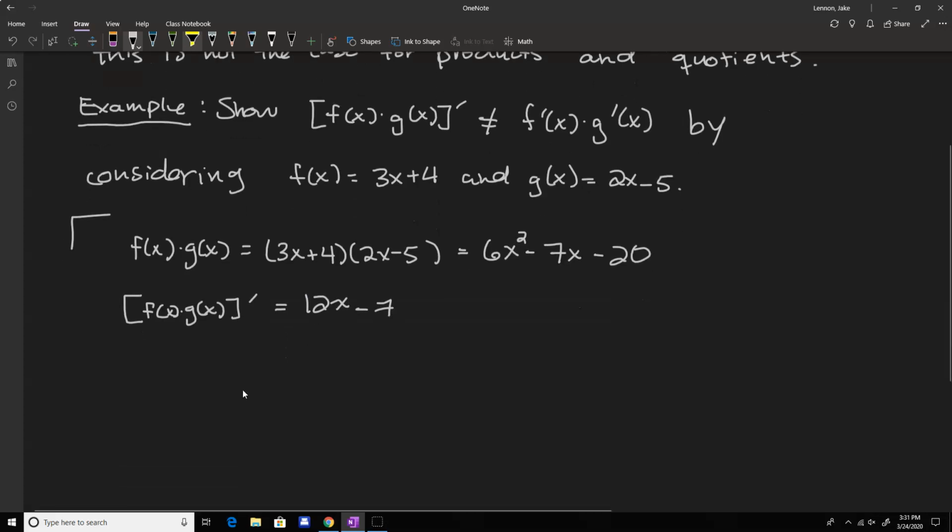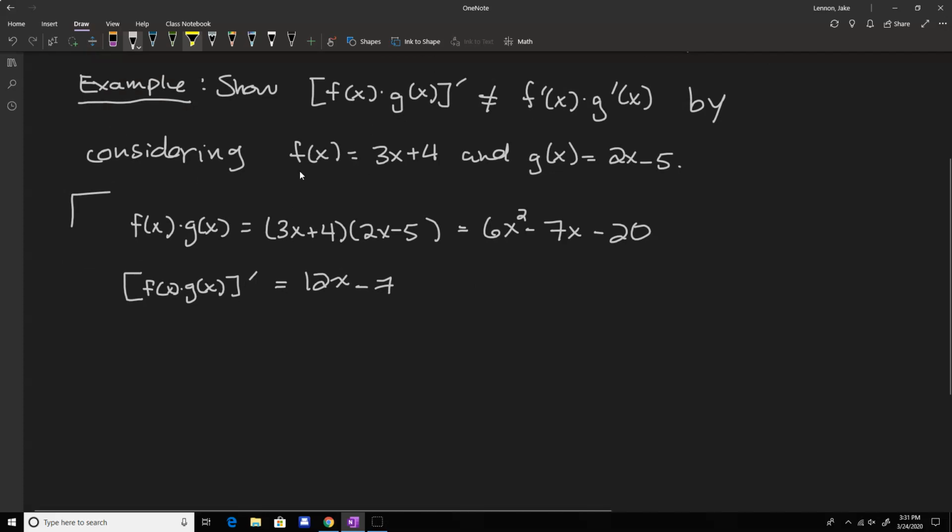But what if we tried to do it the other way? What if we tried to take the derivative of each of the parts first? If we did that, f prime of x would be the derivative of 3x plus 4, which is just 3, and the derivative of 2x minus 5 is just 2.